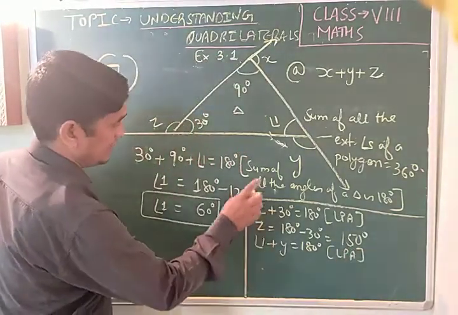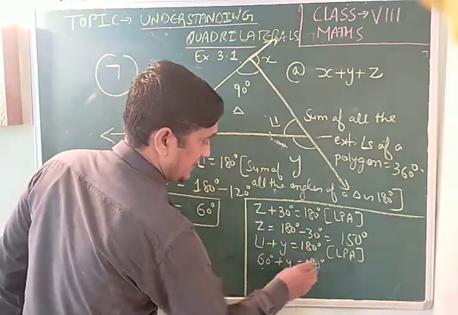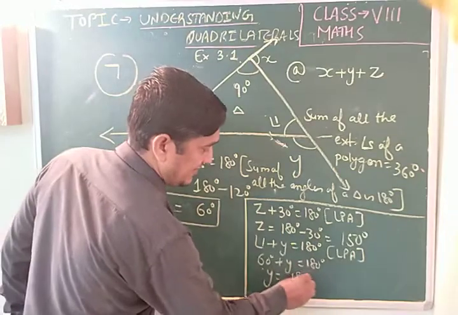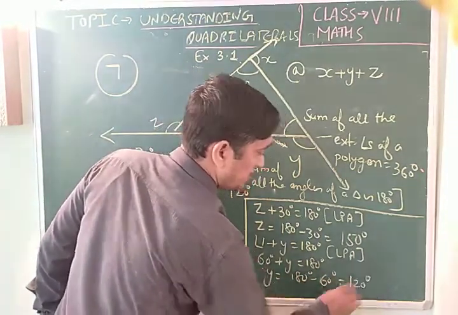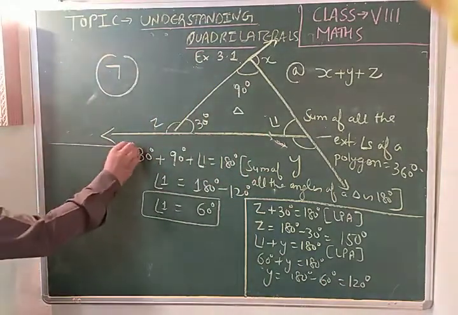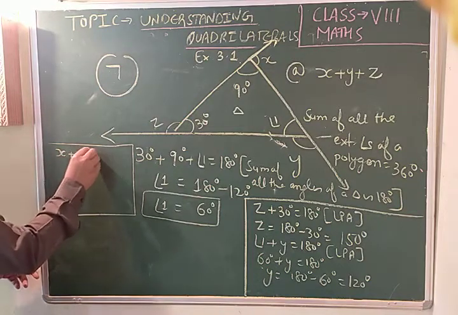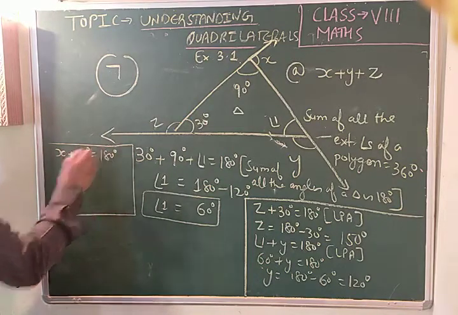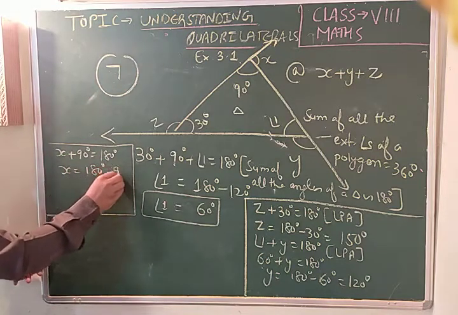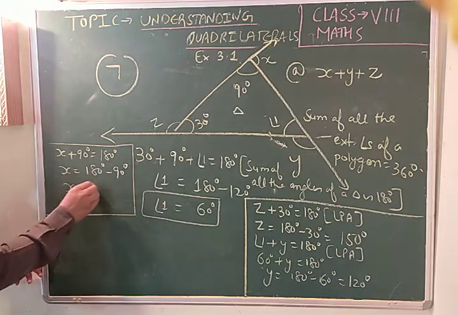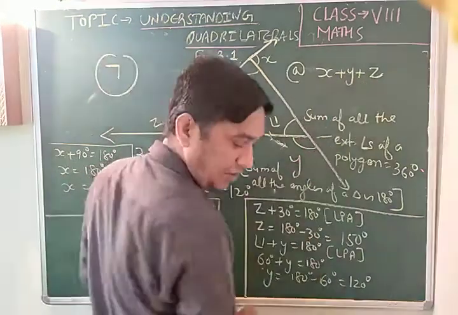Angle 1 is 60 degree, plus y equals 180 degree. Angle y is 180 minus 60, it becomes 120. And third, angle x plus 90 is also equal to 180 degree, same linear pair axiom. The value of x is 180 minus 90. It becomes 90 degree.